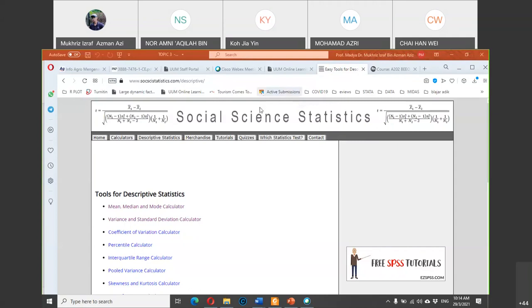So for the calculator, we have mean, median, and mode, the things that we need to calculate for chapter 3.